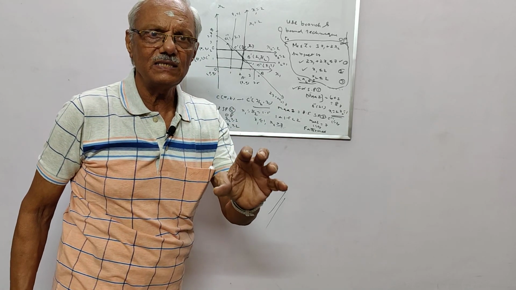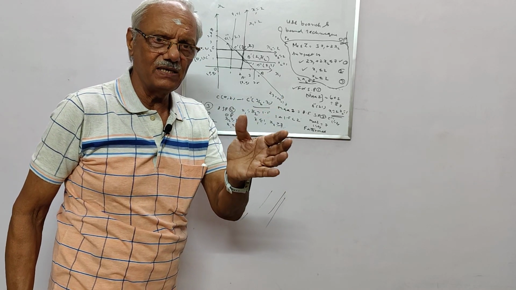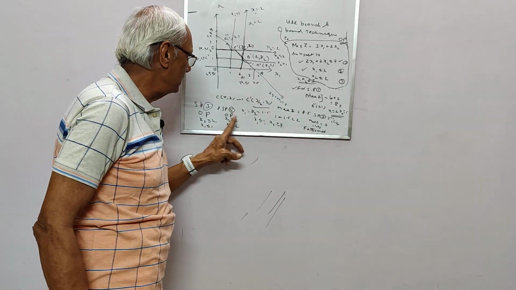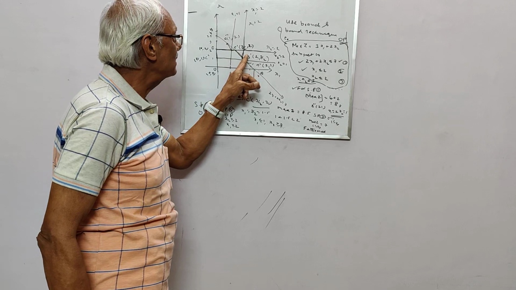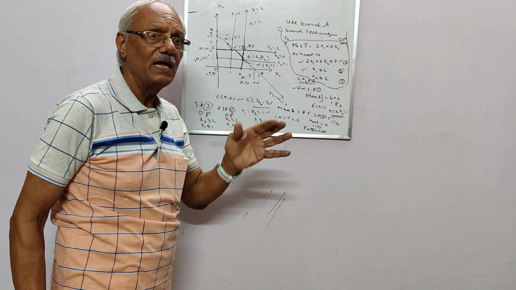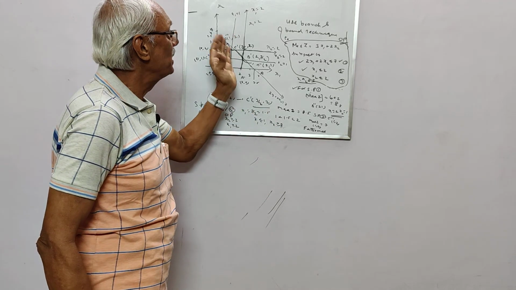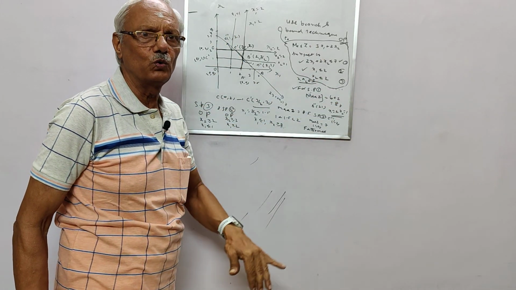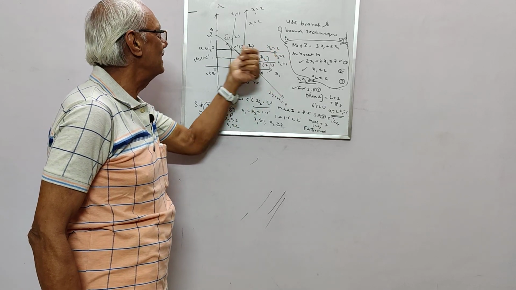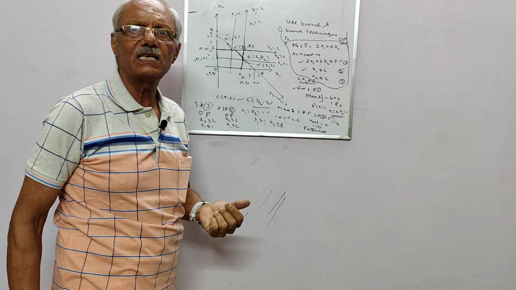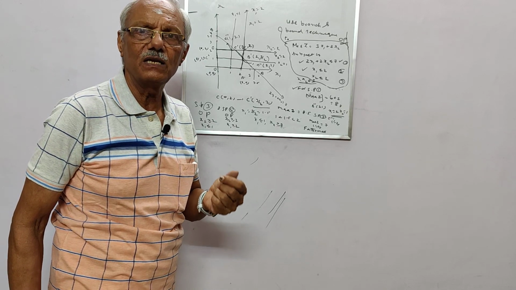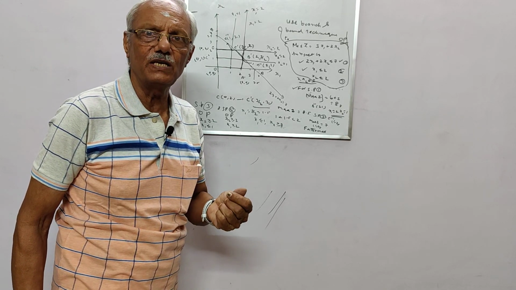So CC dash is my line region where I can search for a solution. But subproblem 4 asks me to find a solution beyond this x1 is equal to 2 line. That means all those solutions nowhere lie in my CC dash line. That means it is not lying in the region of solution that I am considering.